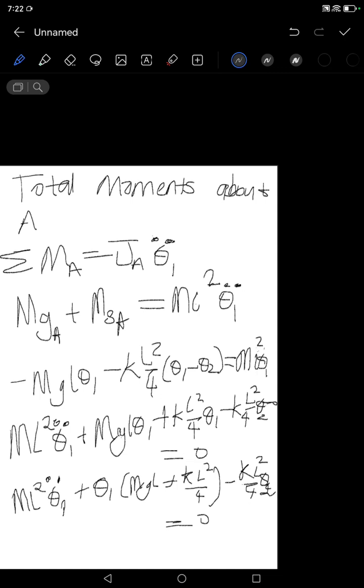So this is going to be our first equation of motion using Newton's second law.